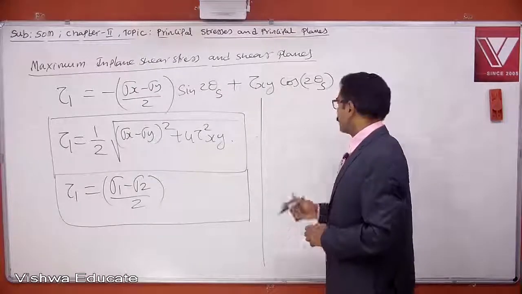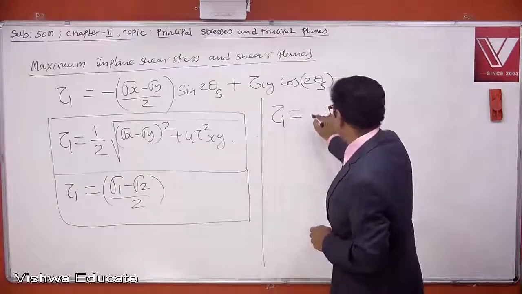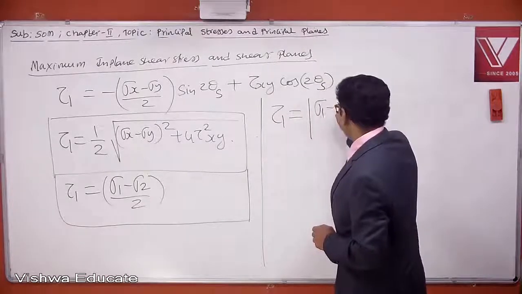So we just derived maximum in-plane shear stress tau 1 is equal to (sigma 1 minus sigma 2) by 2.